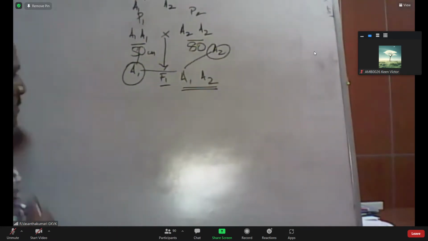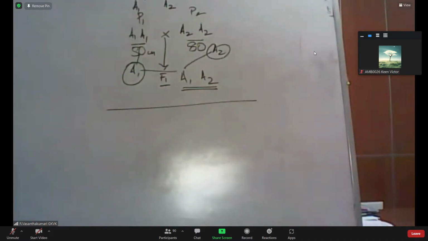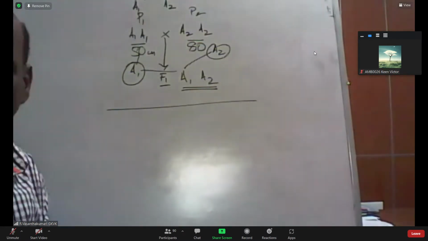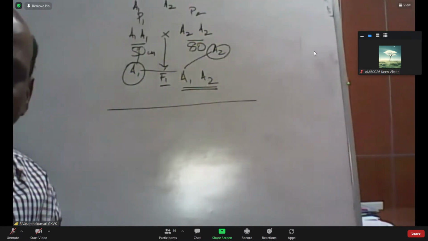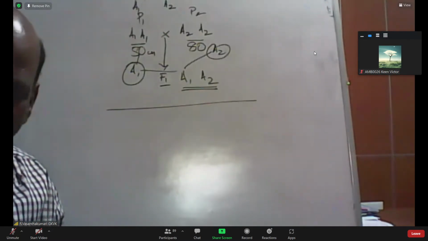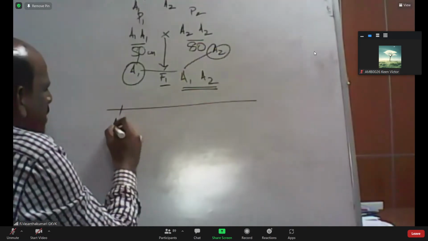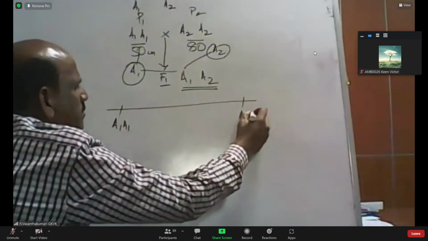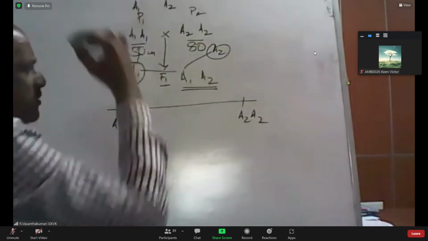Oh, good, very good. Now, let us suppose that this is a scale on which I am measuring the plant height. I have A1 A1 here. I have A2 A2 here. I made a cross. Now we have the F1.